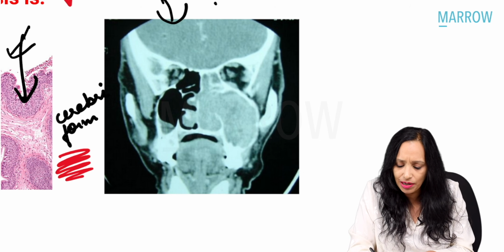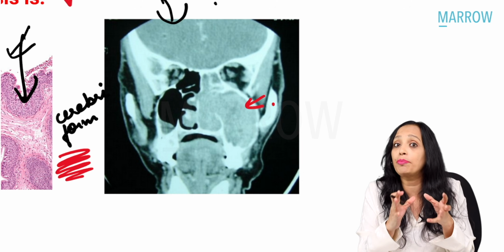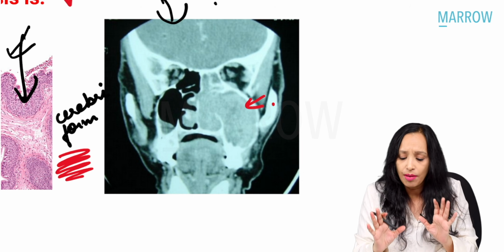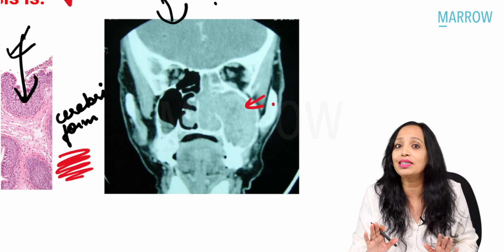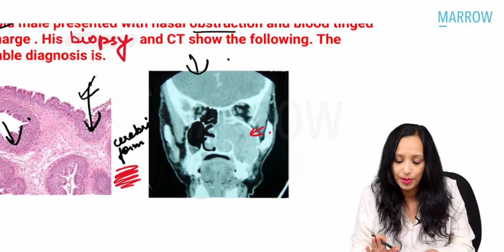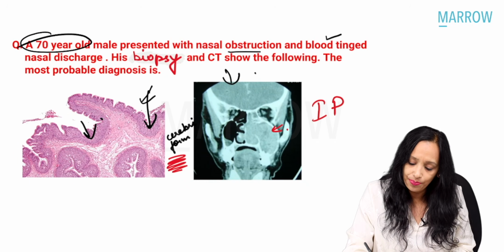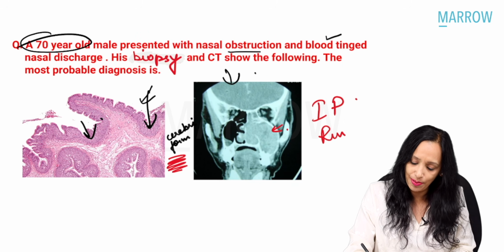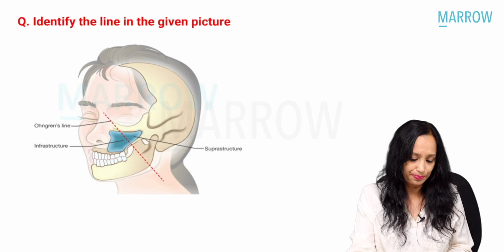On the CT, you might not be able to see the cerebriform appearance, but you will be able to make out that it is high density, low density, high density, low density, not uniform. So yes, this is how the inverted papilloma, also known as Ringertz tumor, looks.